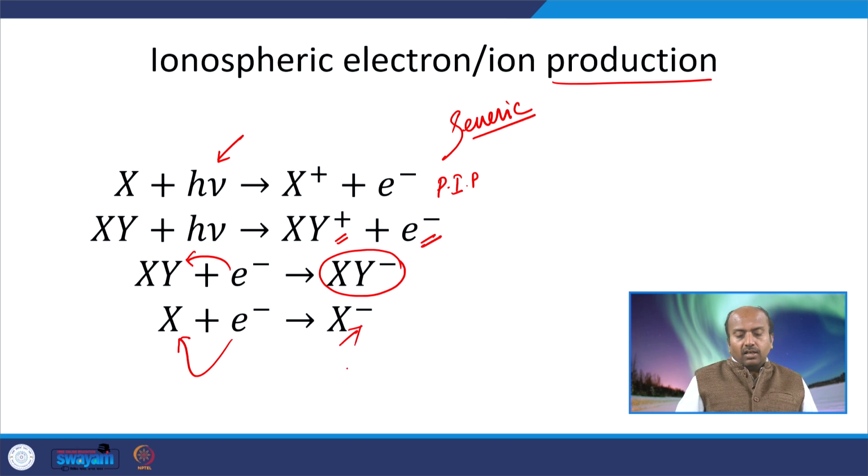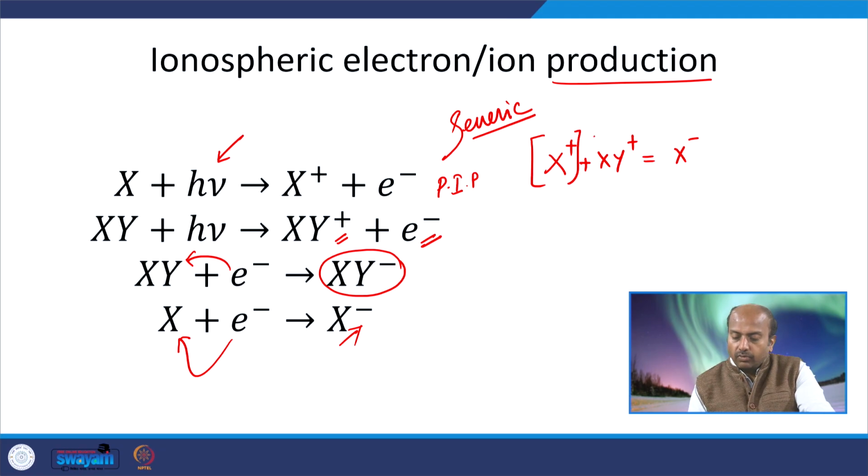So, in this case, if you want to write the photochemical equilibrium, the charge equilibrium, you have to write [X plus] plus [Xy plus] equals [X minus] plus [Xy minus] plus [electron]. Let us say I write the densities here, with a square bracket, which means the number of these.